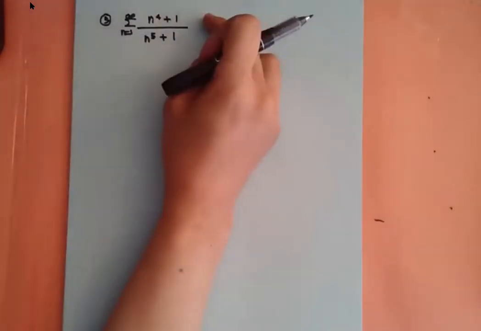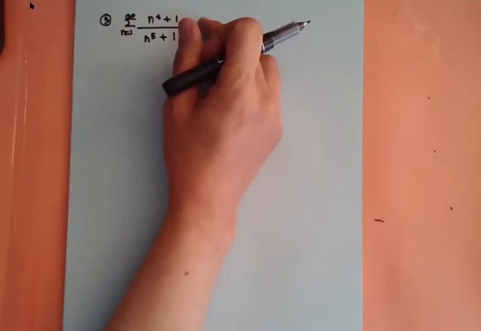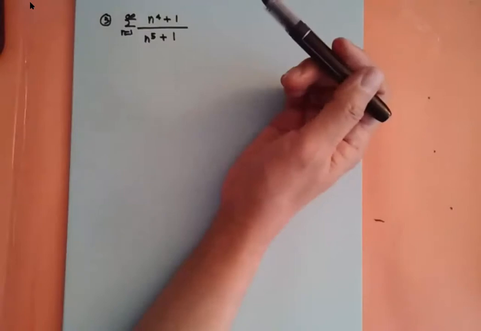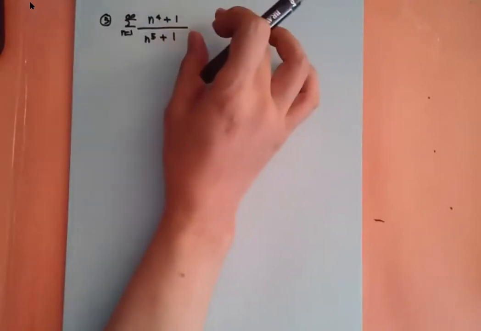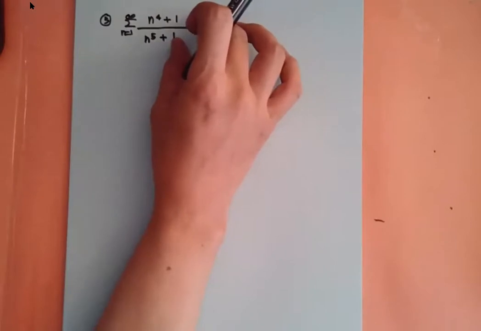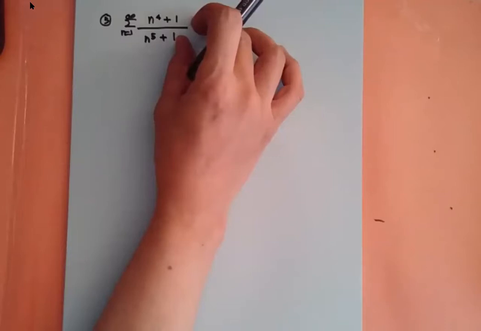In this case, obviously, we cannot use the root test because n is not raised to a power. And if you try to use the ratio test, because of this plus 1, things will become harder. So we will not use the ratio test, and we can think about the comparison test.